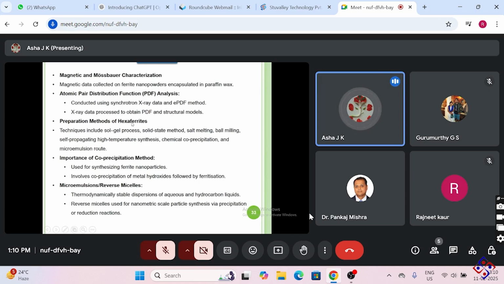Preparation methods of hexaferrites include the sol-gel process, solid state method, salt melting, ball milling, self-propagating high-temperature synthesis, chemical co-precipitation, and the microemulsion route. The co-precipitation method is important for synthesizing ferrite nanoparticles, and involves co-precipitation of metal hydroxides followed by ferritization.